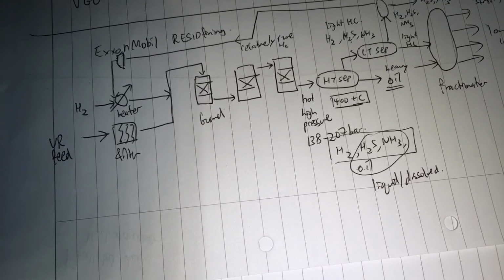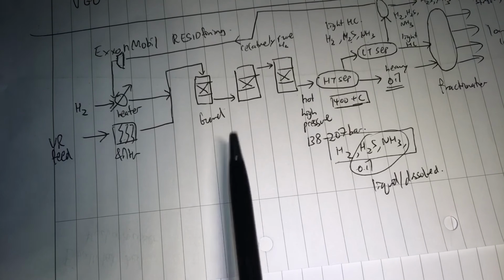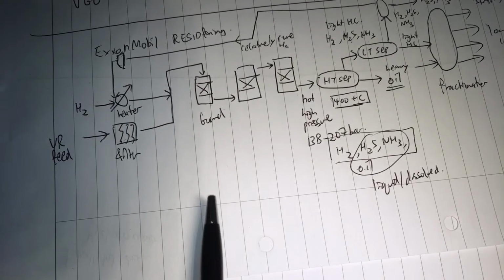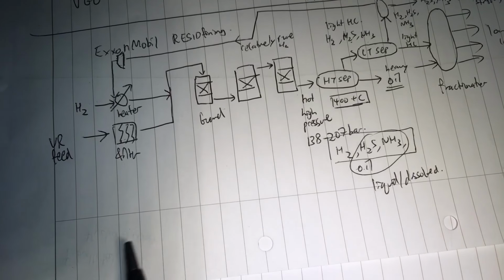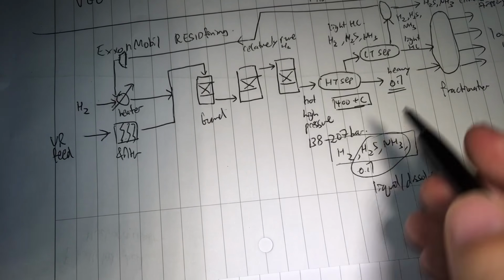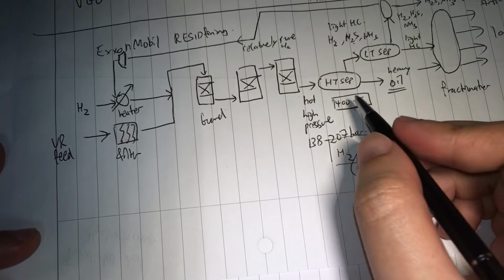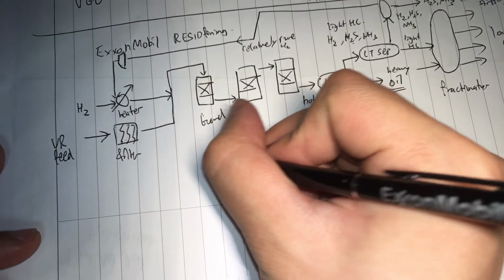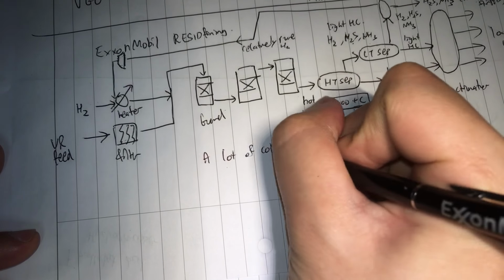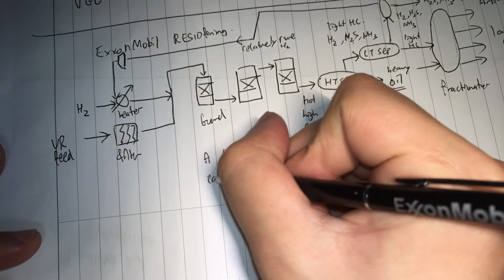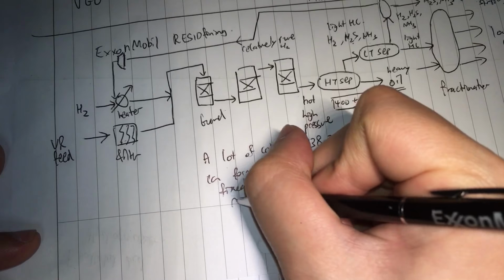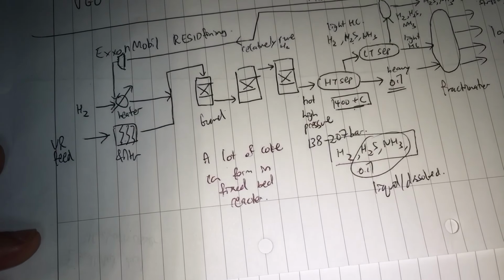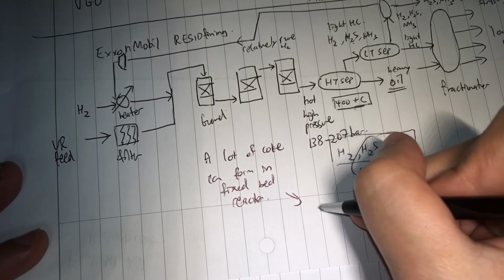But the thing is, because you need to crank up your temperatures in these reactors to be really high, more than 400 degrees sometimes, a lot of coke can form in a fixed bed reactor. This is due primarily to there being hotspots.